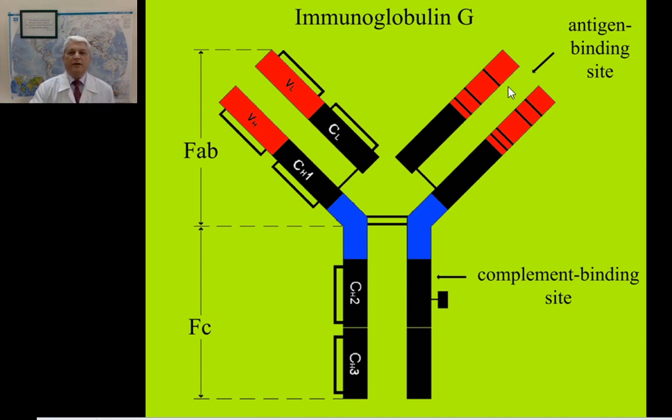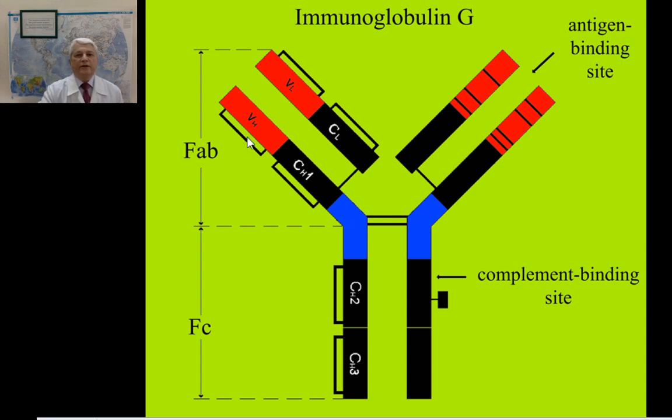Look, at first we must explain, every chain consists of repeating parts, which we call domains. So the light chain has 1, 2 domains, 1, 2 domains, and the heavy chain has 1, 2, 3, 4 domains. Don't look at the blue part, we shall talk about it a little bit later.